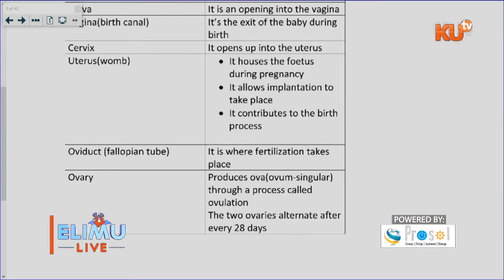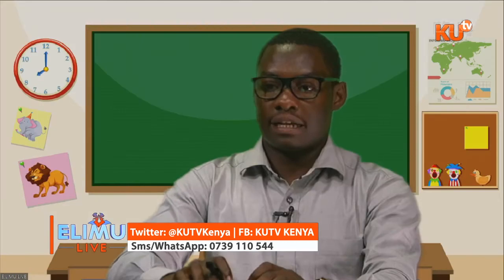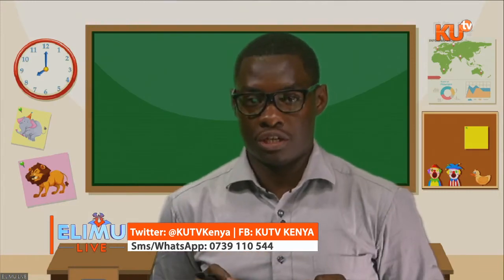Then we have the ovary, which produces the ova, in plural, and in singular it is called the ovum. That process of production of the ova is what we call ovulation, and ovulation takes place after every 28 days.